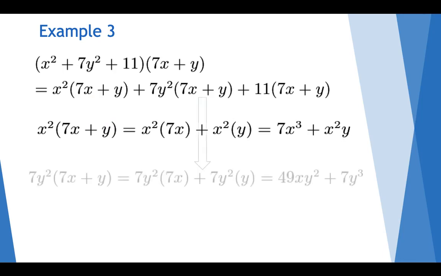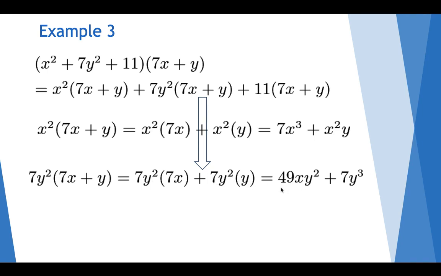All right, and then the second part right here, 7y squared times 7x plus y, that becomes 7y squared times 7x plus 7y squared times y. The 7's here multiply, so you get 49 times x times y squared. And then over here you get 7 times y squared times y, which becomes 7y cubed.